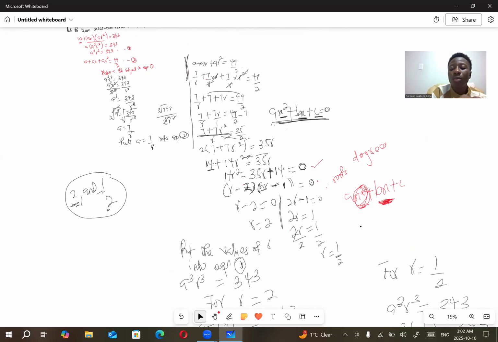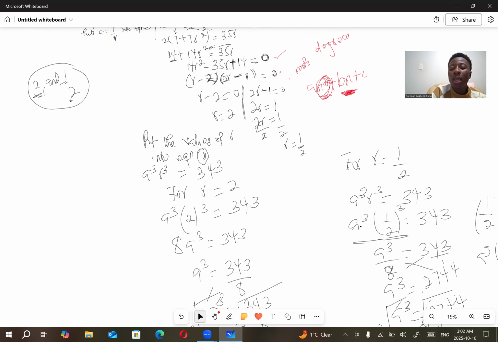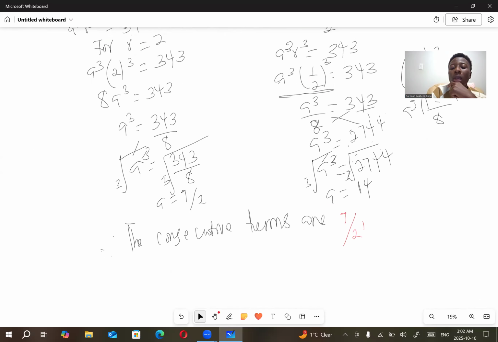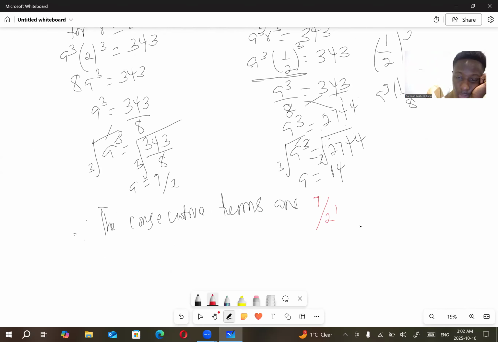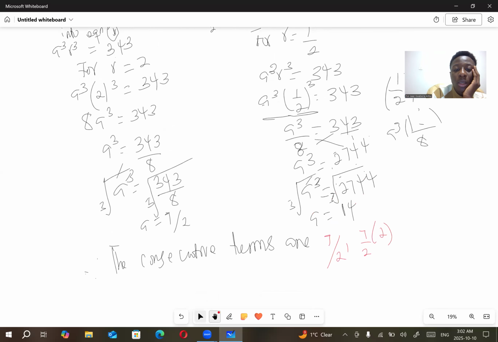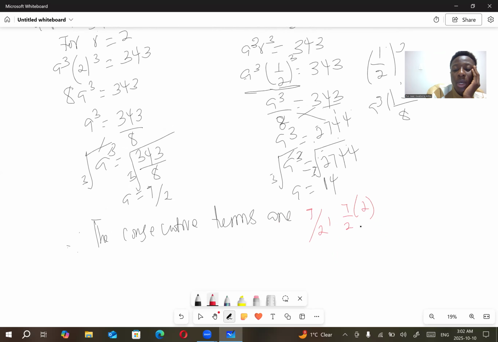I'm scrolling up, keep in mind, A, A R, A R exponent 2. So A is 7 over 2, and R is 2, right? A R, and the other one is A R exponent 2. You cast your mind back.